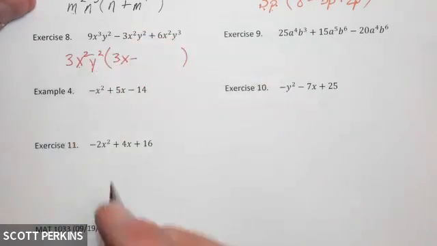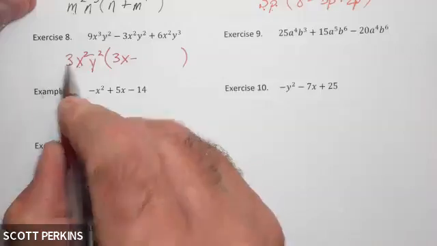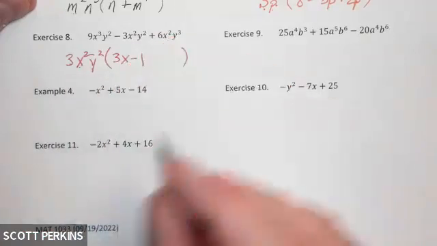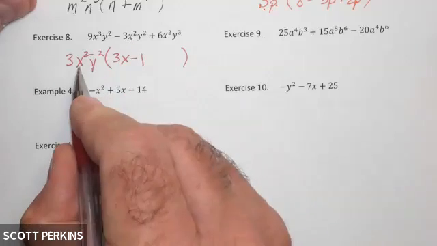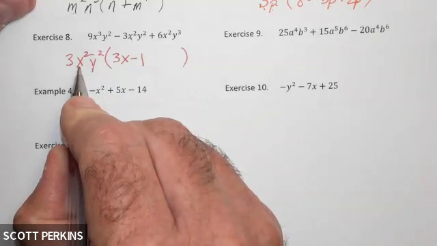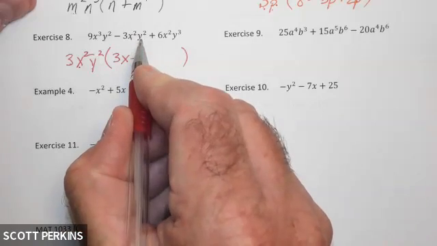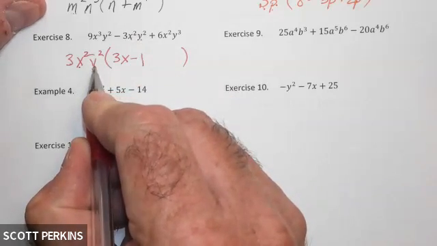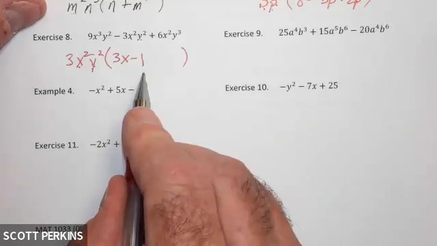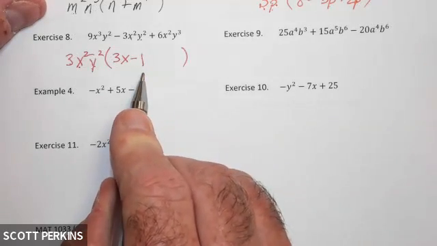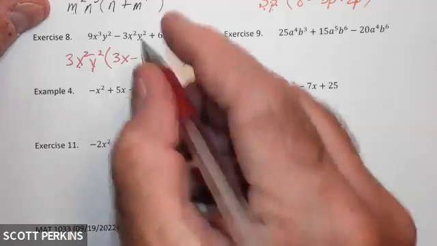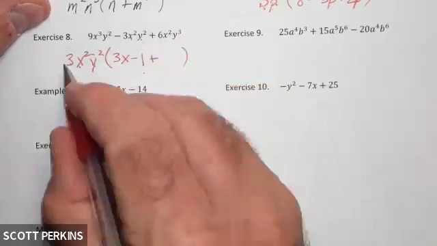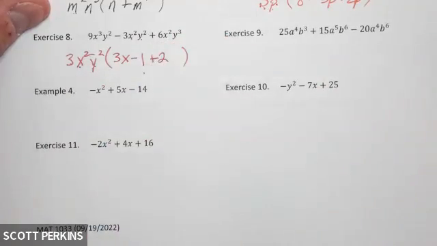Then minus 3 divided by 3 is 1. Started with 2 x's, factored out 2 x's, so no more x's. Started with 2 y's, factored out 2 y's, so no more y's. So make sure you put that 1 there because that's all that's left over on that middle term. Plus 6 divided by 3 is 2.